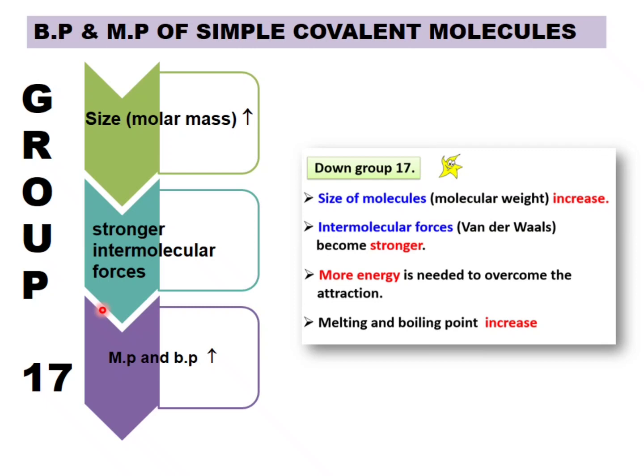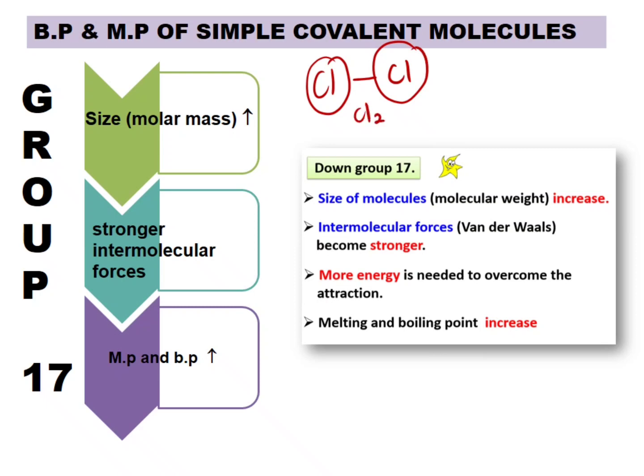Sebab awak kena faham, melting dengan boiling ni, we need to break the intermolecular forces. Lagi senang kita putuskan interaction antara molekul, lagi rendah dia punya melting and boiling point. Okay, contoh macam ni lah. Kalau awak ada chlorine gas, okay, chlorine gas dia ada 2 atom sebab dia adalah Cl2, kan.